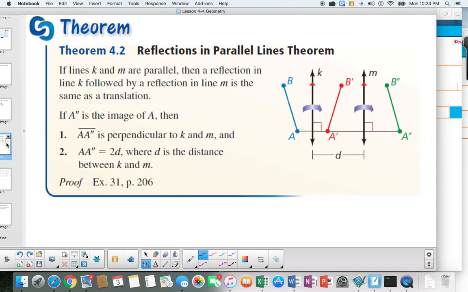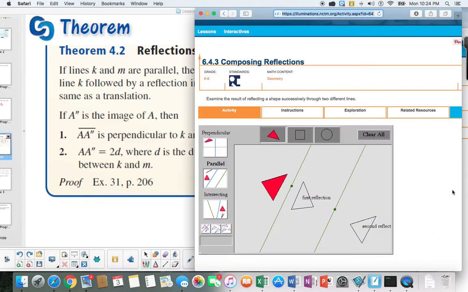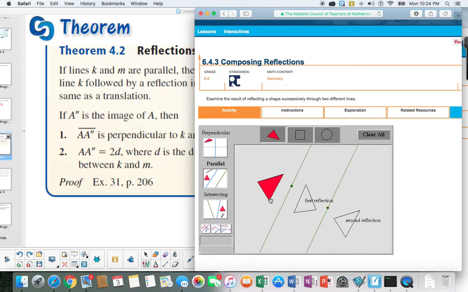Okay, reflections and parallel line theorems. Let's take a look at what happens if you reflect over two parallel lines. Let's take a look at this figure right here. I have my pre-image and I've reflected. That's my first reflection. And then here's another parallel line and I have reflected again. I'm even going to change the orientation here.